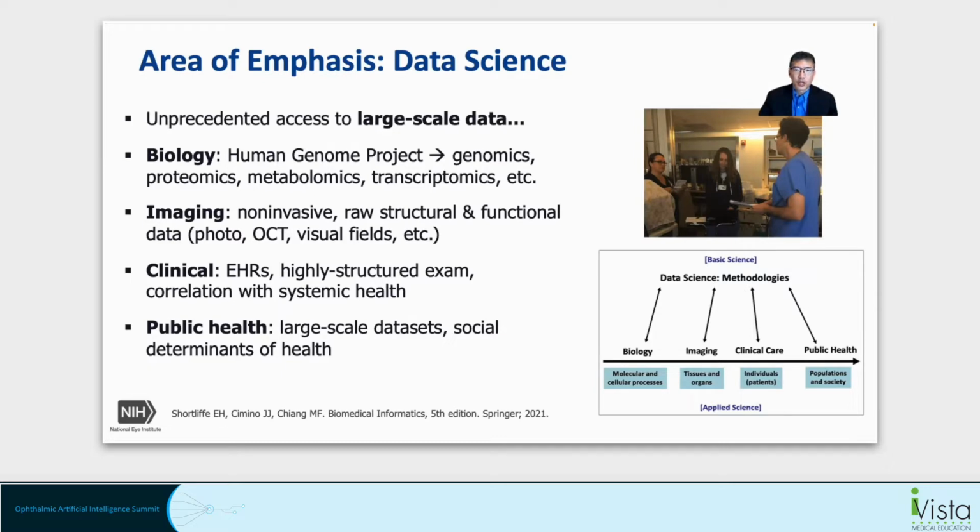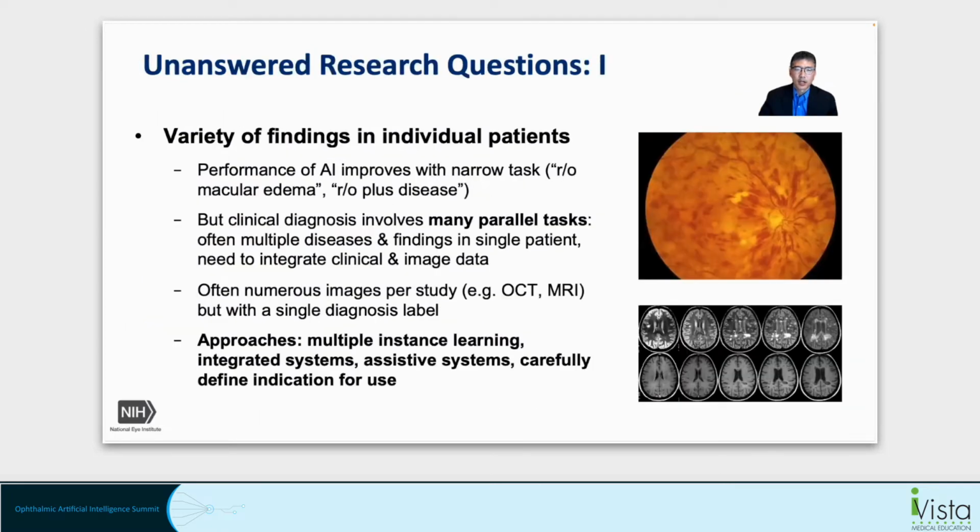And so there's this core set of data science methodologies that we use to analyze that data. Now, what are the unanswered research questions? Well, these have been covered by many of the talks here, but if I could just summarize a few of them. One of them is that the performance of AI systems tends to get better as the task that they're asked to do narrows.